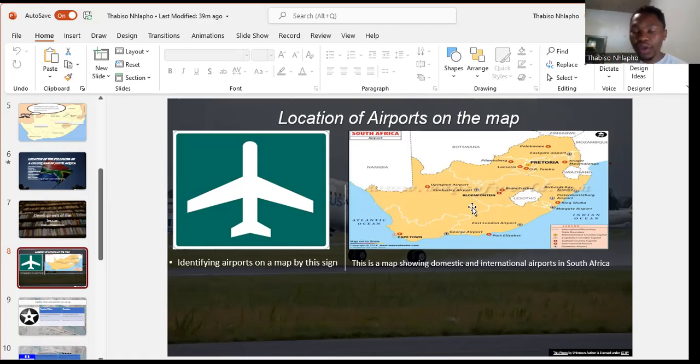If you can all see those red planes, they represent and symbolize airports. So that's how you can locate where airports are on a South African map.